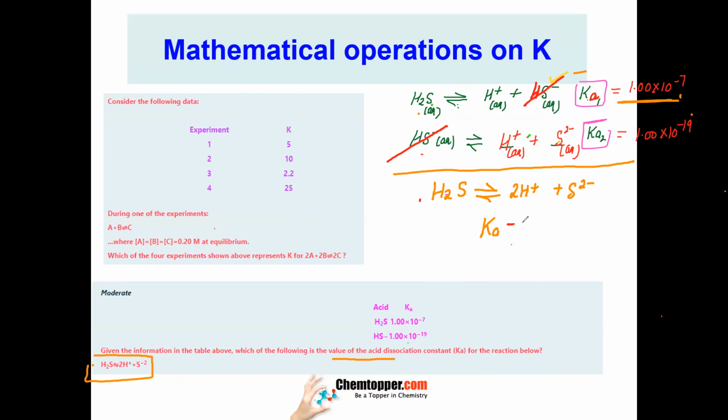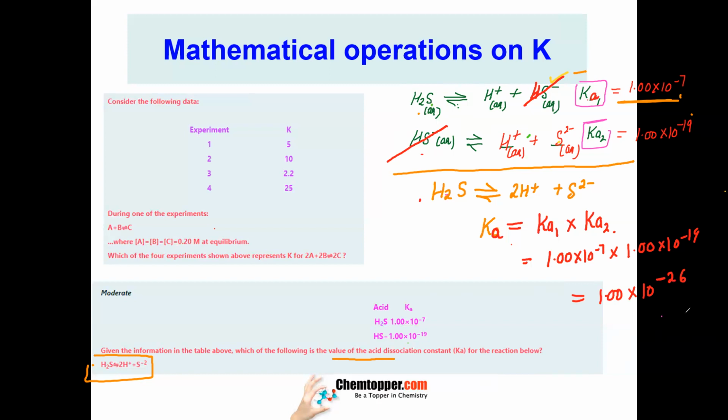Yes, Sanjana. So it means the Ka is Ka1 times Ka2. So what's the value? 1.00 times 10 raised to the minus 7 times 1.00 times 10 raised to the minus 19, and the answer is 1.00 times 10 raised to the minus 26, isn't it?